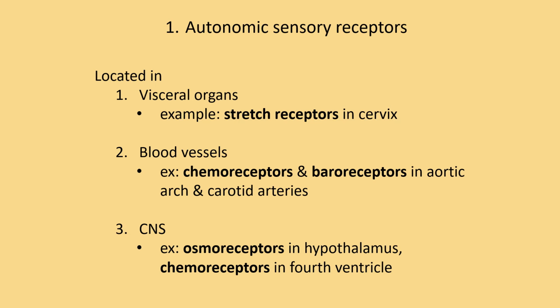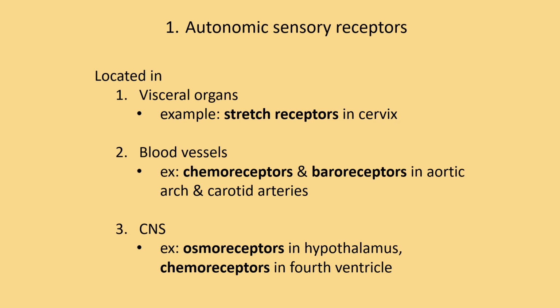Other examples, in certain blood vessels, we have chemoreceptors and baroreceptors that are monitoring your blood chemistry, what's the pH, how much carbon dioxide is present, etc., and what's your blood pressure. To what degree are those blood vessel walls stretching? So those are definitely internal conditions.